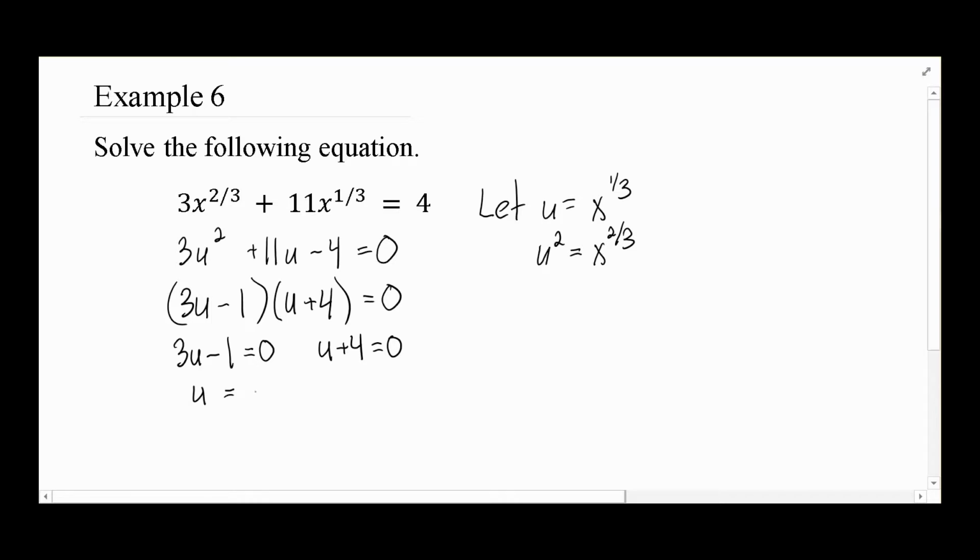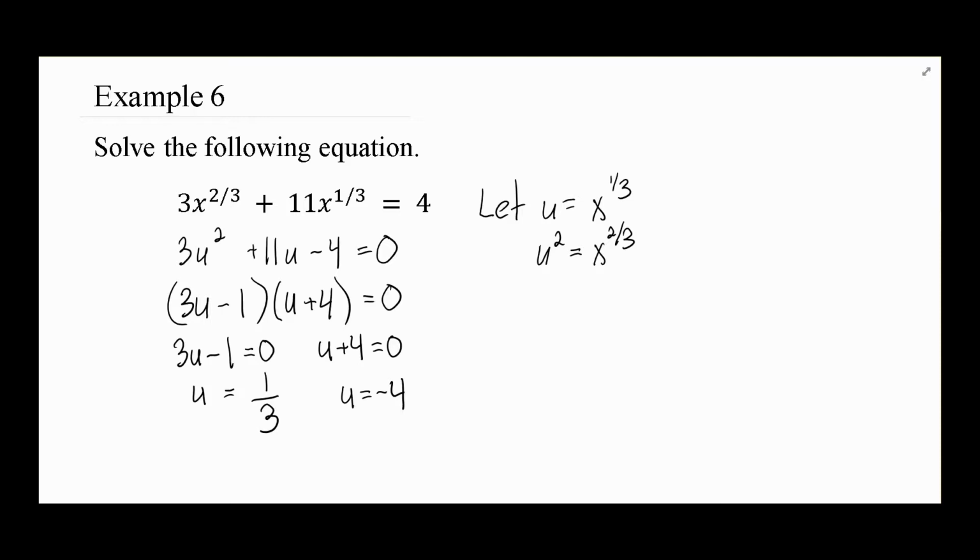Now if I add the 1 to the other side and then divide by 3, I get 1/3. I can subtract the 4 to get negative 4. Now again, we're not looking to figure out what u is equal to because we made up u. We're looking for what x is equal to.